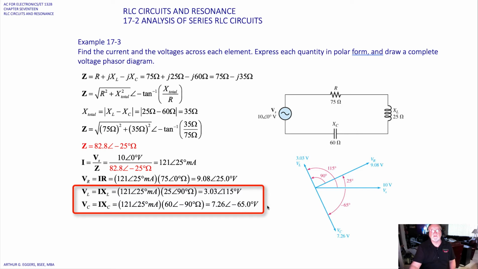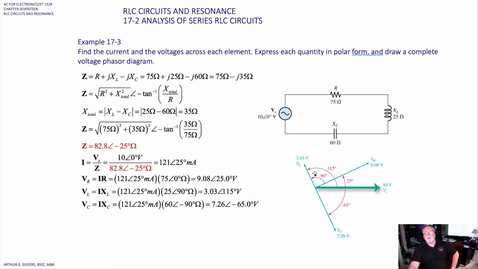So now it's just a matter of laying these out on a grid or drawing the phasor diagram. Typically we try to keep these in some kind of scale, but sometimes that's pretty difficult to do. You can see we've laid it out. We've got our source along the x-axis. We've got the voltage drop across the resistor here, forming an angle of 25 degrees at 9.08 volts.